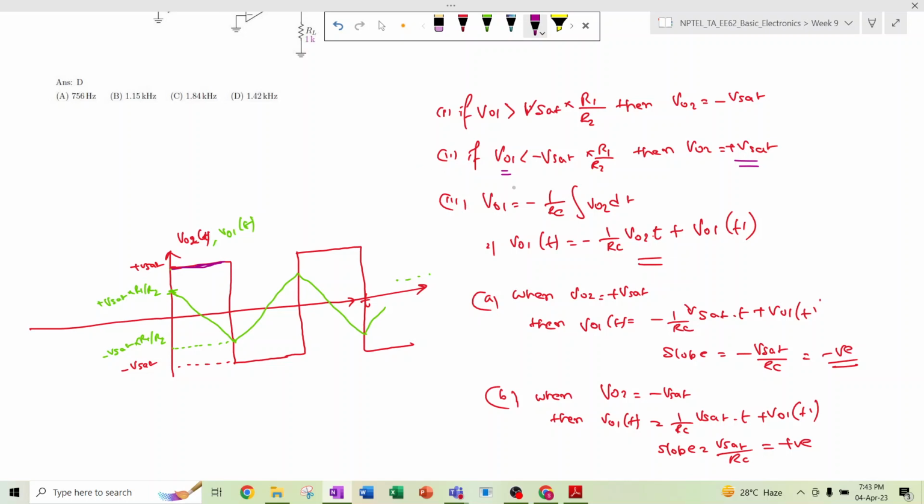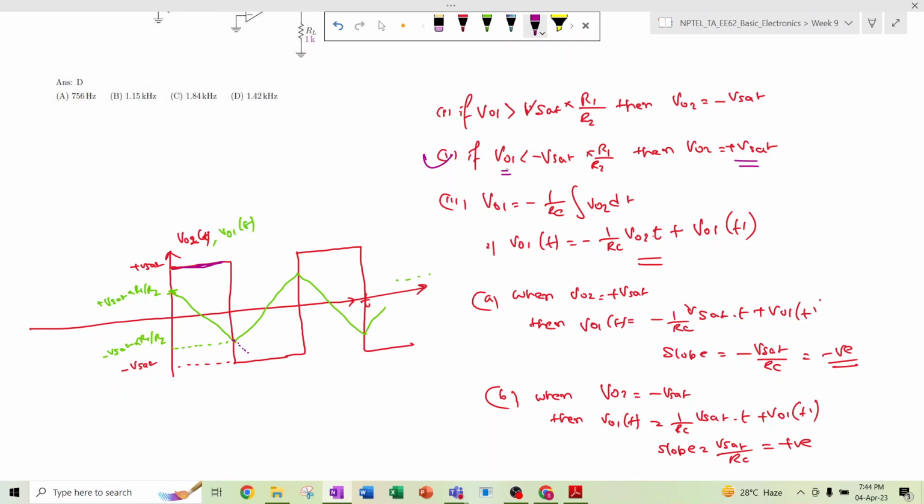And then what happens if VO1 is less than minus Vsat into R1 by R2, that means if it goes beyond this thing, then this VO2 changes from minus Vsat to plus Vsat.